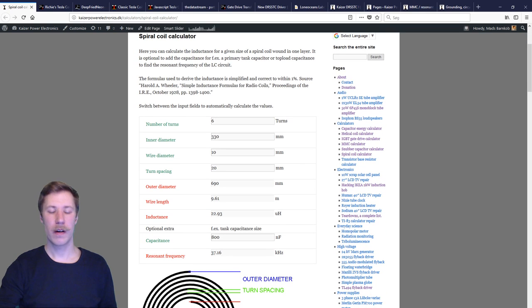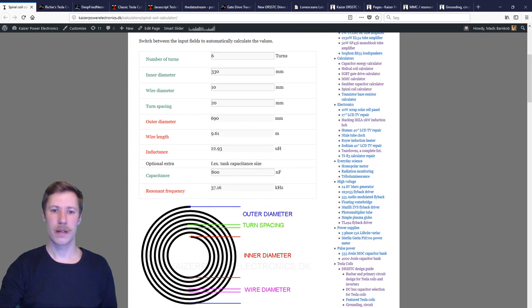Now the spiral coil calculator is for calculating your primary coils. It's again quite simple. Also you can add a tank capacitance for a resonant circuit, just to get a quick idea of the resonant frequency of your coil.